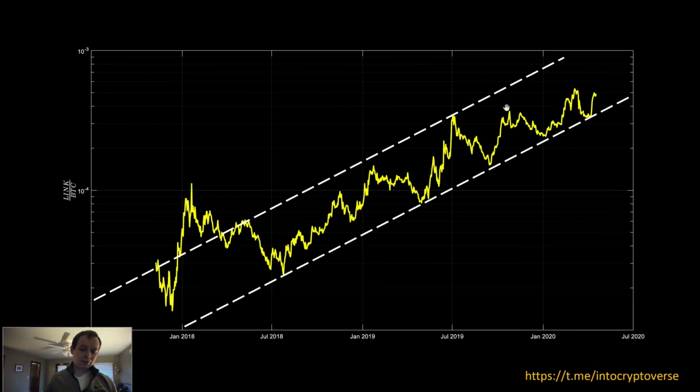It seems to be maybe the best performer in the cryptocurrency asset class. I can't say that definitively, because it's possible there are some random coins out there that have performed very well, but among the top coins by market cap, Link has performed exceptionally well in the last 2 years.